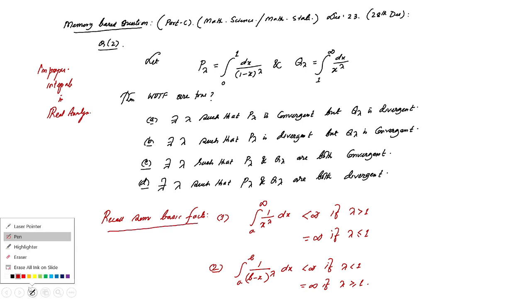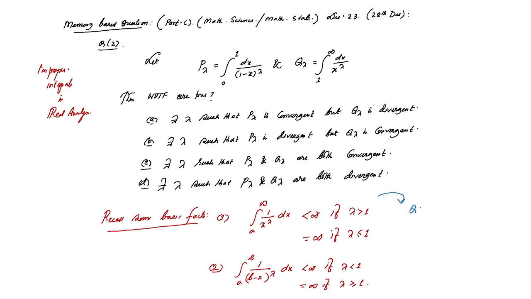So here the first option is: there is lambda such that P lambda is convergent and Q lambda is divergent. Here Q lambda is the integral from 1 to infinity of dx by x to the power lambda.